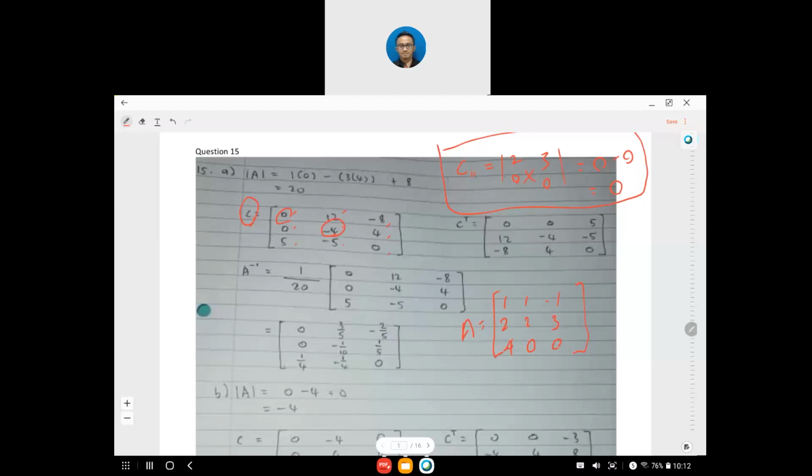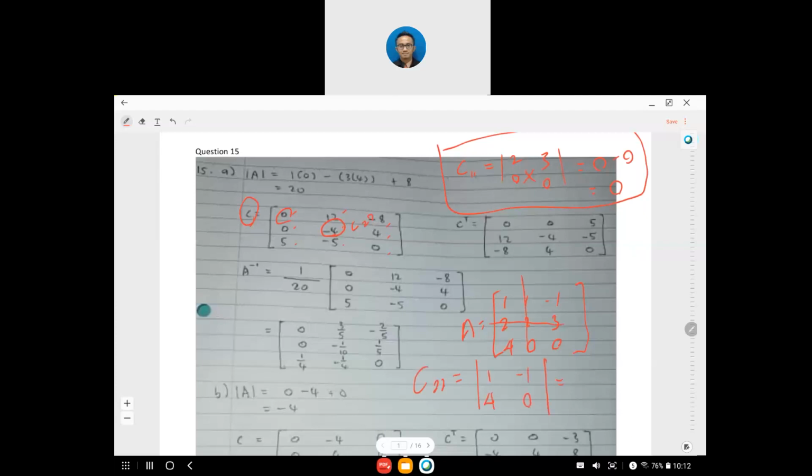Let's check this one. What is the value of C22? If you want to find C22 from this matrix, you get 1, -1, 4, 0.